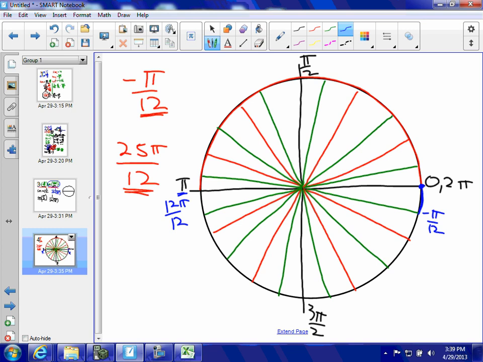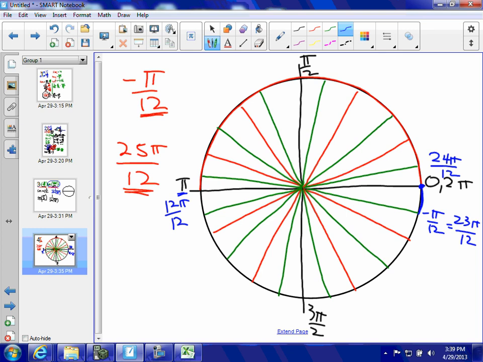So I'm going to go from 12 pi over 12 all the way to 0, which is the same thing as 24 pi over 12. So negative pi over 12 is the same thing as 23 pi over 12.